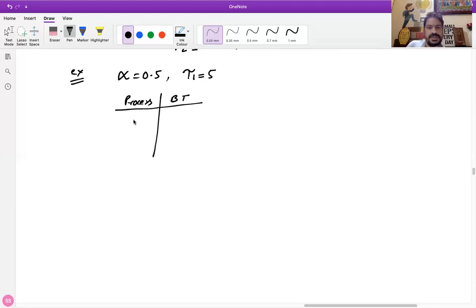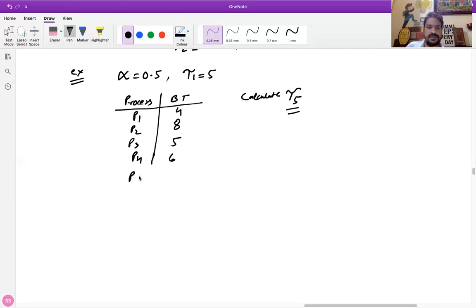We have processes P1, P2, P3, and P4, so 4 processes. The burst times are 4, 8, 5, and 6. Now, what is our task? Our task is to calculate the predicted time of process 5. That is our objective.